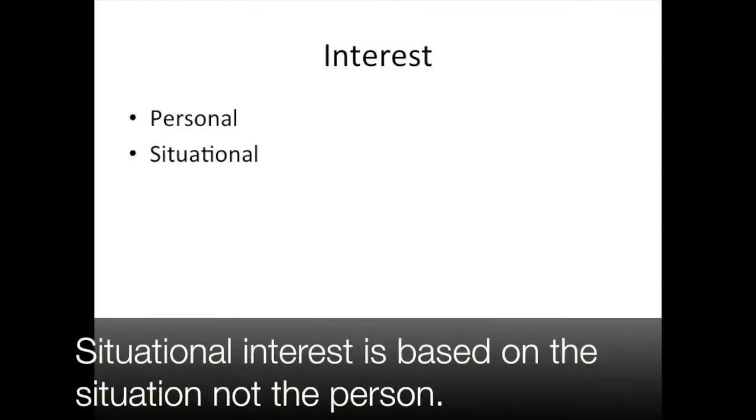Whereas situational interest is interest based on the situation. A person may not necessarily have a liking of that topic or that subject area, but by making the subject interesting or engaging, making the situation interesting, you can increase a student's motivation for that topic, subject area, assignment.